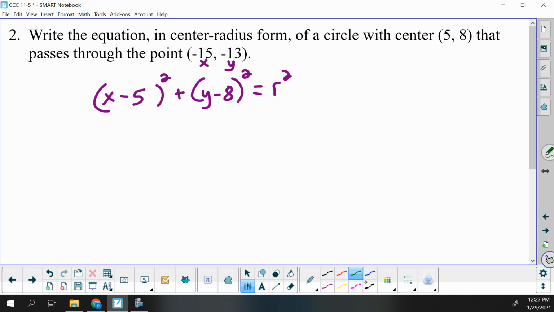So what we're going to do is instead of having x, we'll put in the negative 15. Instead of having y, we'll put in the negative 13. And we'll leave it equal to r squared. And we can type in the left side and see what we get in our calculator. So take a moment right now, see if you can type in that left side exactly as it looks, and see what you get back.